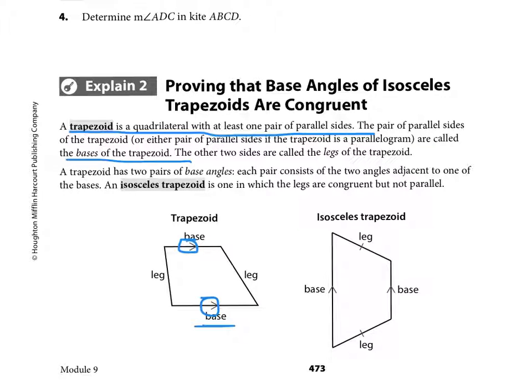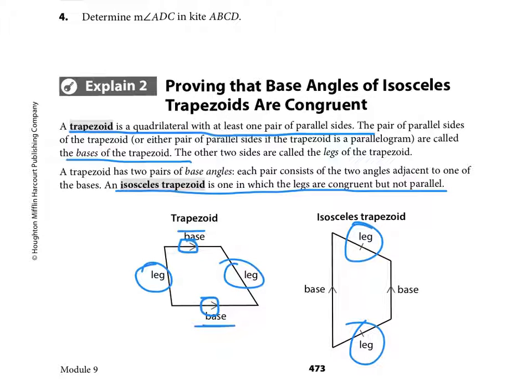And an isosceles trapezoid is one in which the legs are congruent but not parallel. See the difference: here you just have legs, here you have congruent legs. That's the difference between the trapezoid and the isosceles trapezoid.